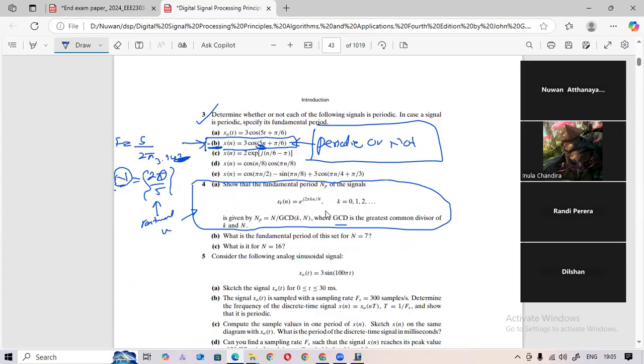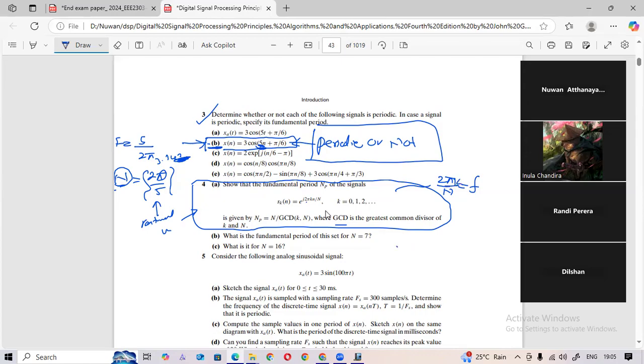For this signal, if you consider 25n, 25 divided by n, this is the normalized frequency, f. With 25k n, 25k divided by n is the normalized frequency, f.